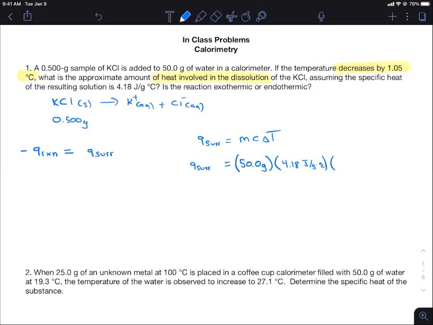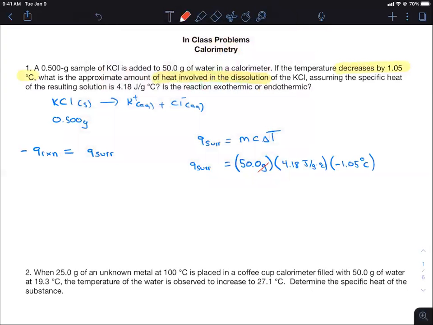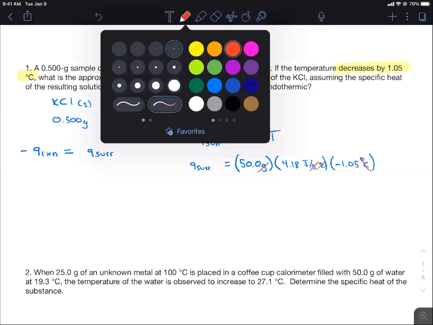And then last, we have to put in our change in temperature. And here, the change in temperature is given to us directly. We're told it decreases by 1.05 degrees Celsius, so that's going to be a negative 1.05 degrees Celsius. We can look at our units and see grams cross off with grams, degrees Celsius cross off with degrees Celsius, so we're going to be left with joules.